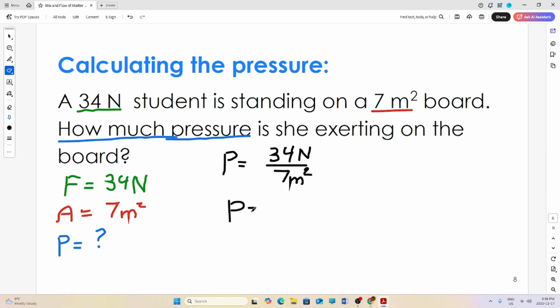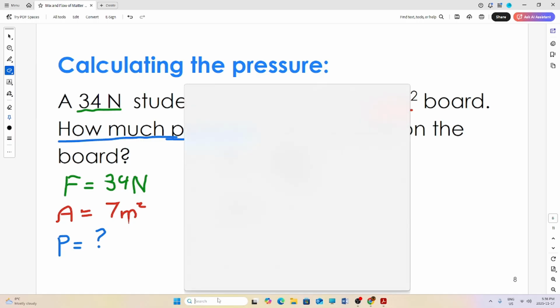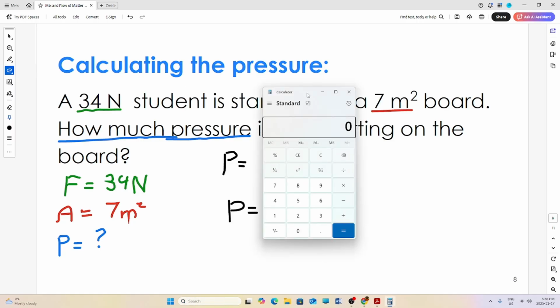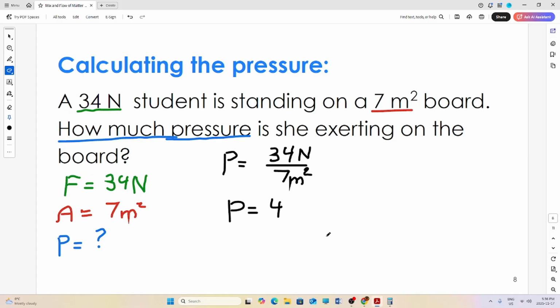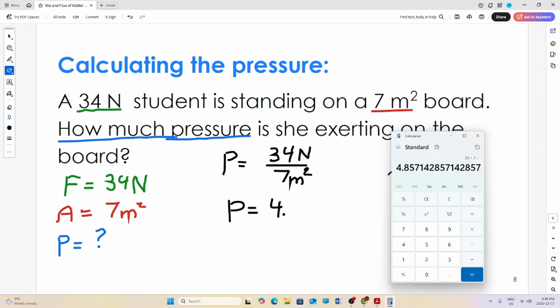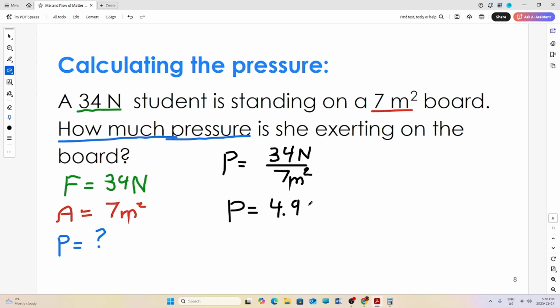Pressure is equal to, get your calculator, 34 divided by 7 is 4.857, so we'll just round it to 4.9 newtons per meter squared. I'm sorry about that. Okay, so that's how we calculate pressure for the first example.